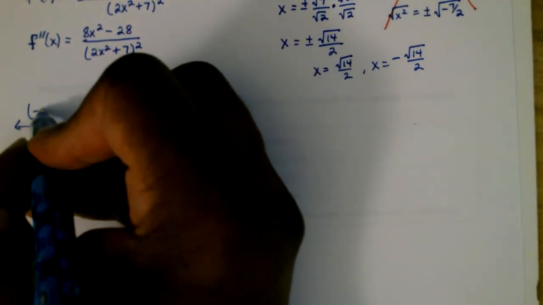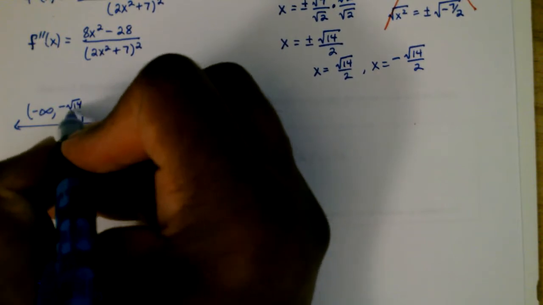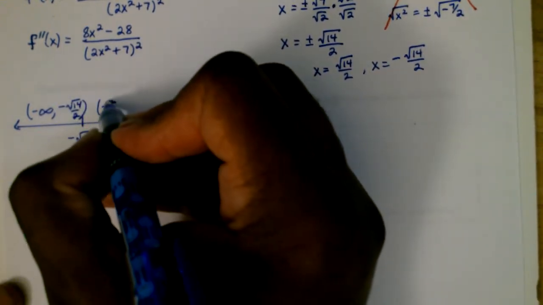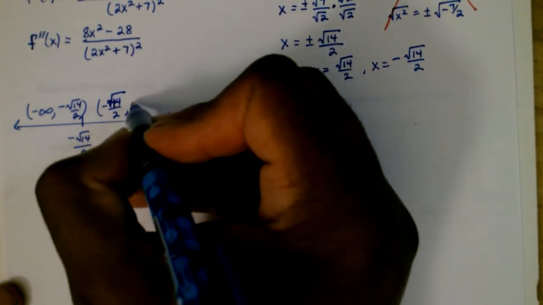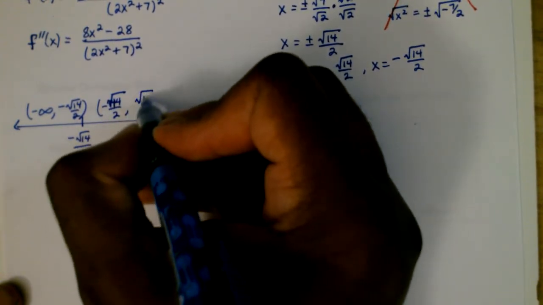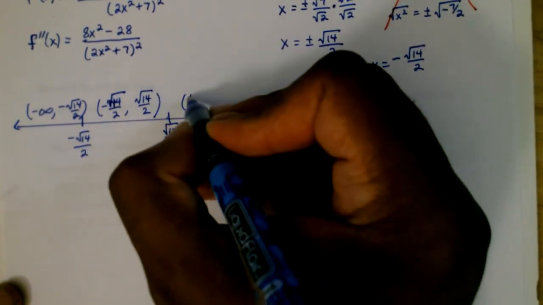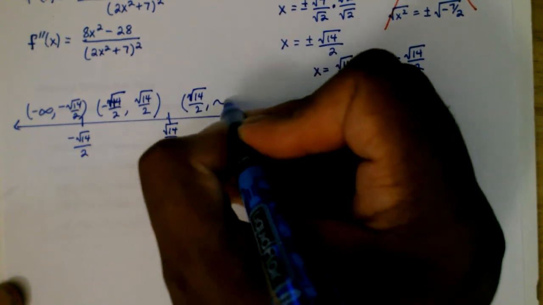So my intervals will be from negative infinity up to negative square root of 14 over 2. Then from negative square root of 14 over 2 to positive square root of 14 over 2. Then the last one will be square root of 14 over 2 to infinity.